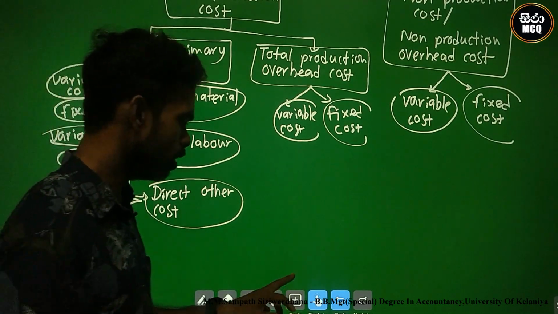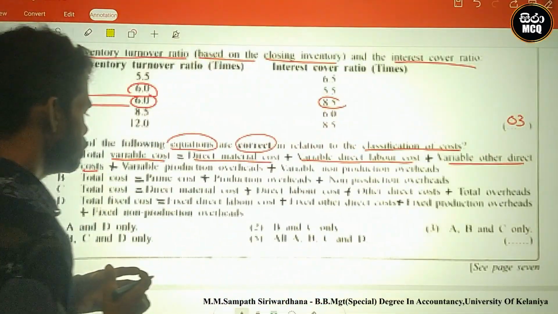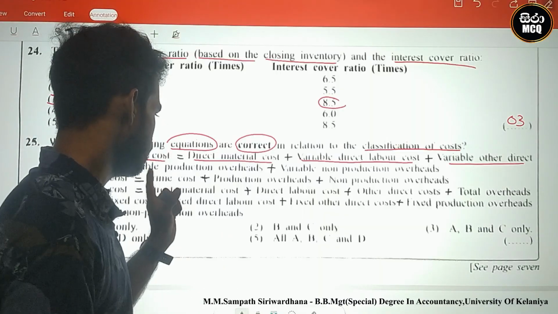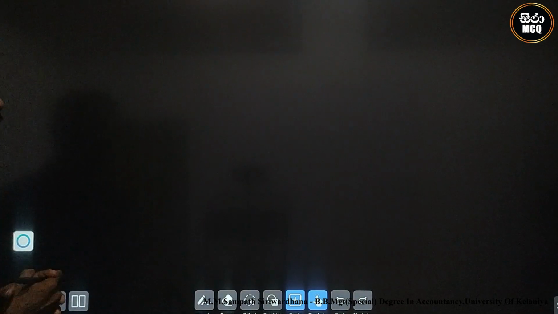Therefore, look here, what does the question say? The equation generated for the total variable cost. Total variable cost equals all variable cost in the categorization.